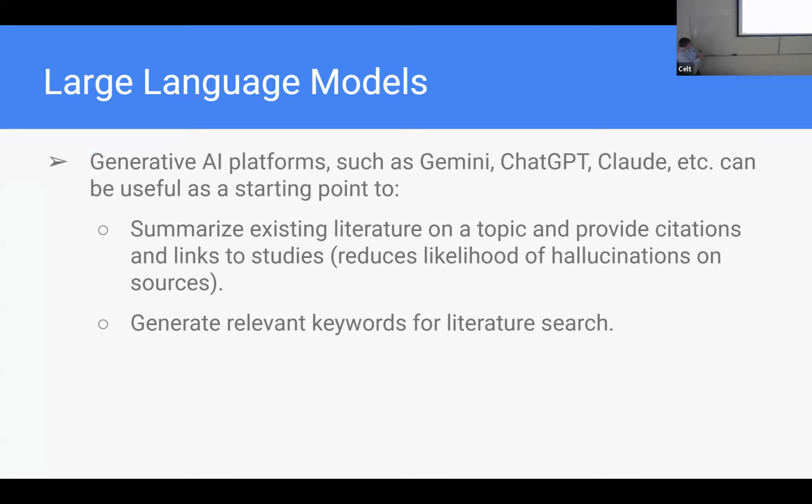And again, that reduces the likelihood of hallucinations, especially if you use the thinking models, as they're often called, rather than the fast models. Another thing that they're often used for is, once you come up with a topic or a question, to ask it to generate some keywords that you can use in literature searches, although most of us are probably pretty good at that from years of doing that. But it's one way you can use these.